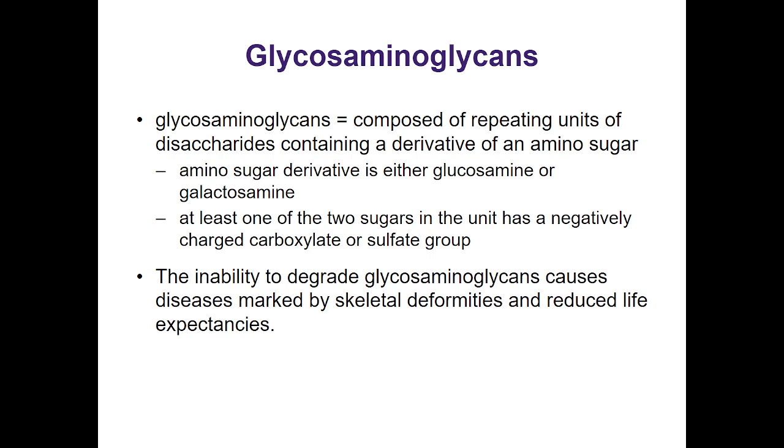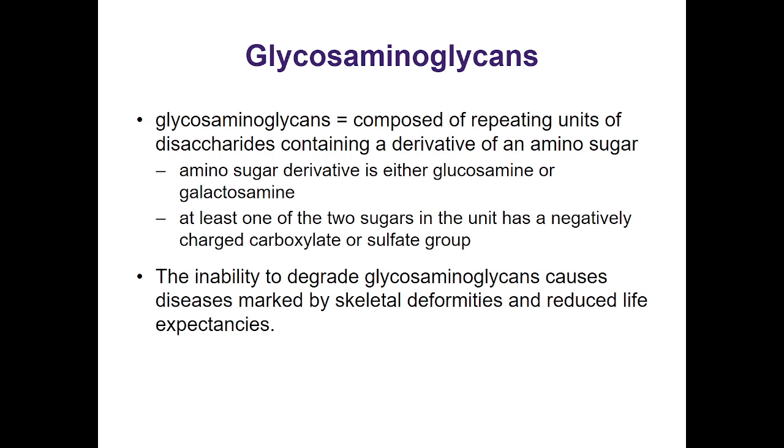Okay, so glucose aminoglycans, again, is what we're concentrating on. The glucose aminoglycans are composed of repeating units of disaccharides containing a derivative of an amino sugar. The amino sugar derivative is either glucosamine or galactosamine.